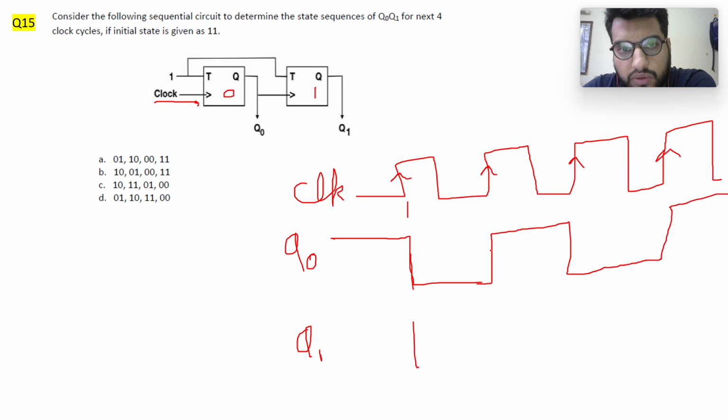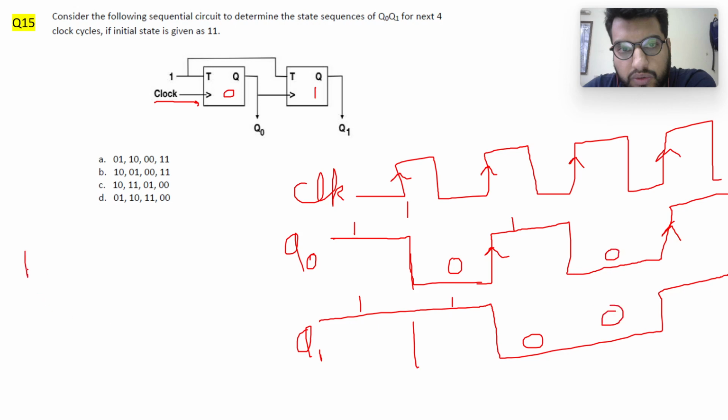Now I'll label the positive edges here, and here. So initially it was 1 1, then it's 0 1, then it's 1 0, and then it's 0 0.